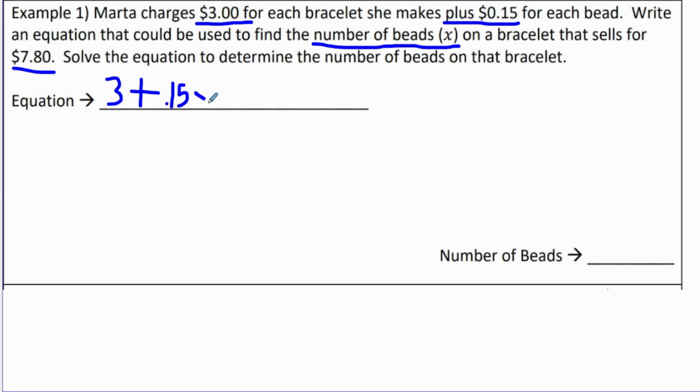We put a variable. In this case, they told us it's going to be X. All right? So we have $3 plus 15, and then it's times X, right? So for each bead, if there's one bead, it's 15 cents. If there's two beads, 30, 45, 60, and so on and so forth. And then that is going to be equal to the cost of the total bracelet, which is given as $7.80.